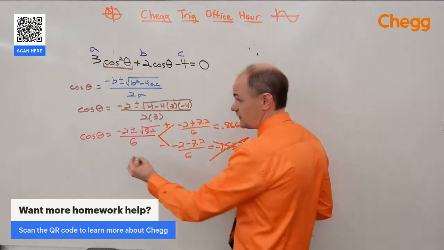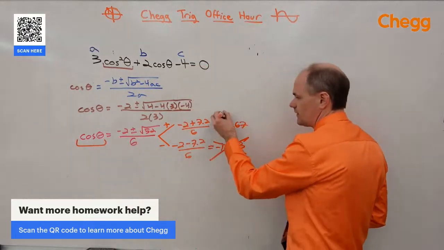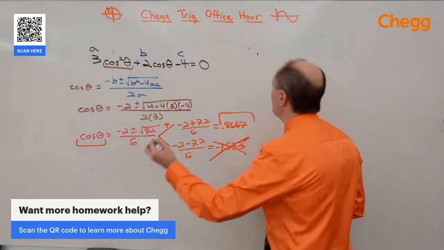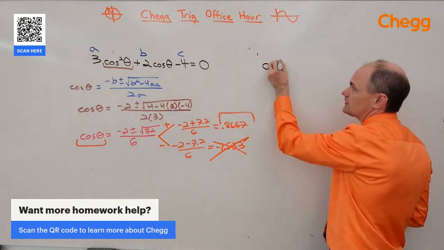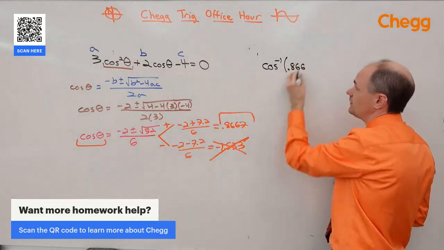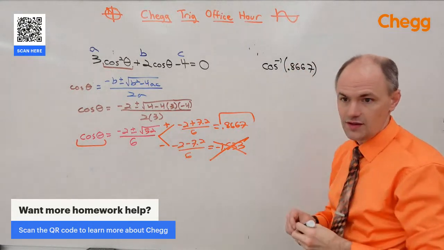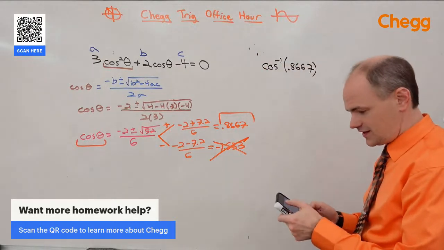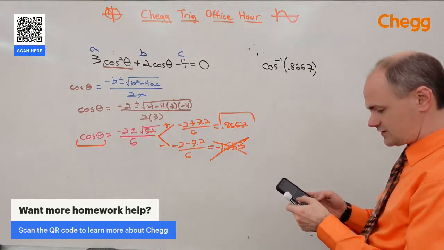And so we just need to figure out when cosine equals 0.8667. So I'm going to come up here and do the cosine inverse on my calculator of 0.8667. Let's go ahead and do this in degrees because we're doing ugly decimals anyways.